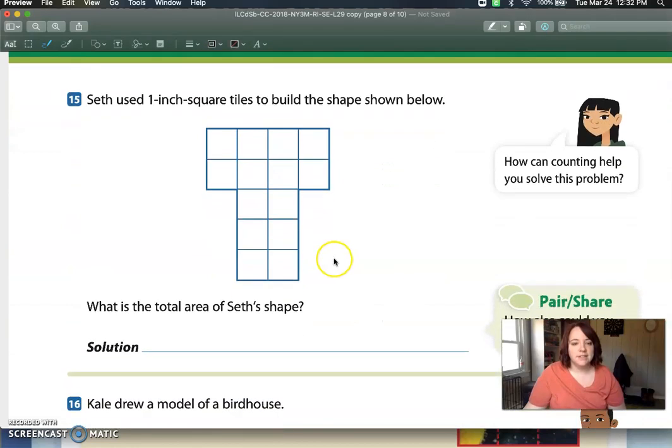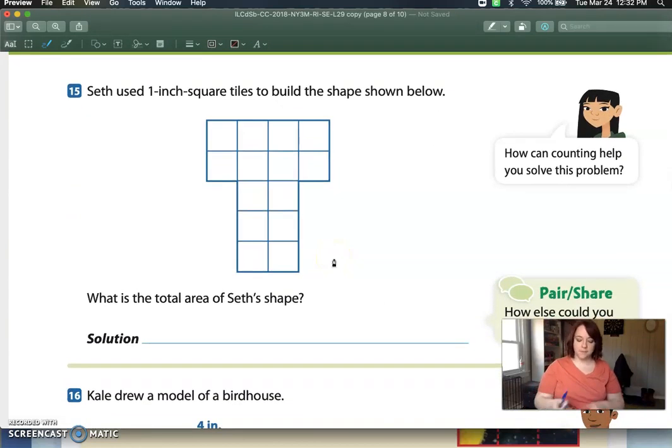All right. Now, this one, I want you to take a moment and try it. I'll give you 1 minute on the clock. And go.